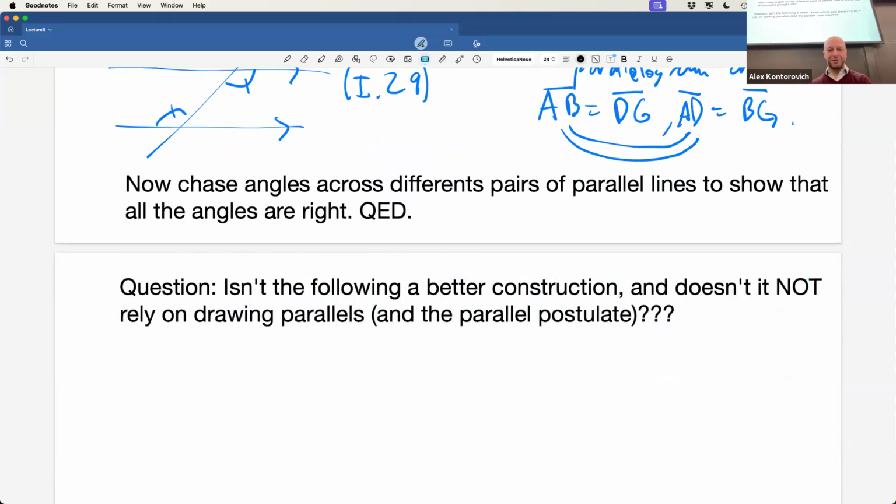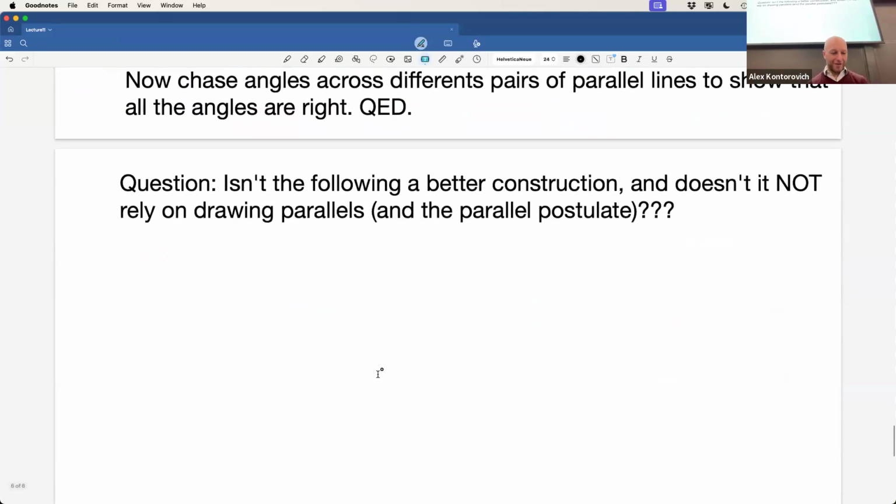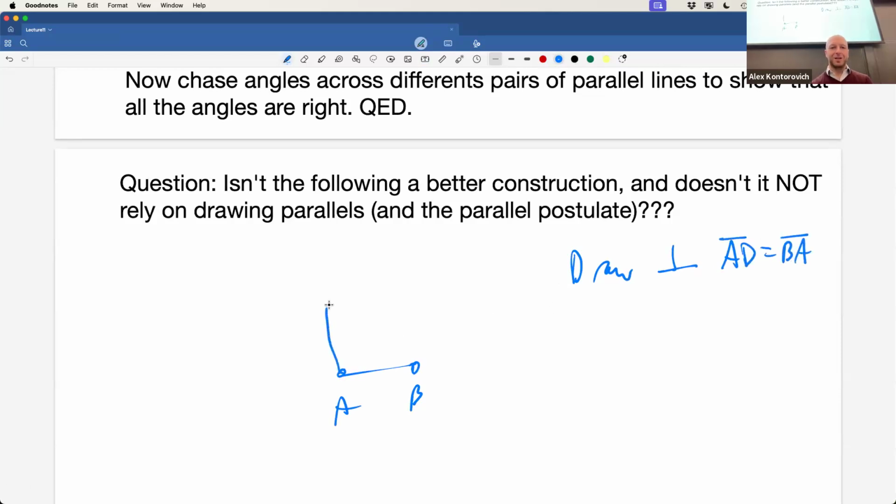So here's the construction. It's exactly what we have been doing all along. You're given AB, draw a perpendicular, AD equal to AB. So exactly as we just did, I get the point D.